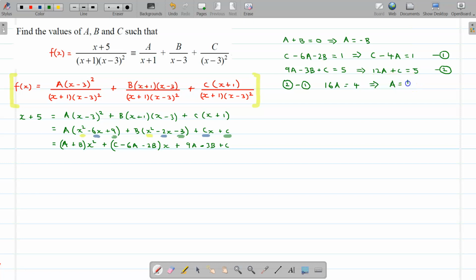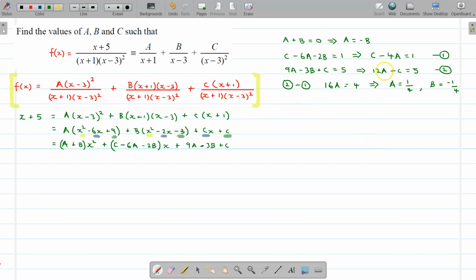So a, b and c don't have to be integers, they can be fractions, and this one is. That's not a problem. And if a is a quarter, we know that b is the negative of a, so b must be minus a quarter. So we've already found a and b, we've just got to find c.